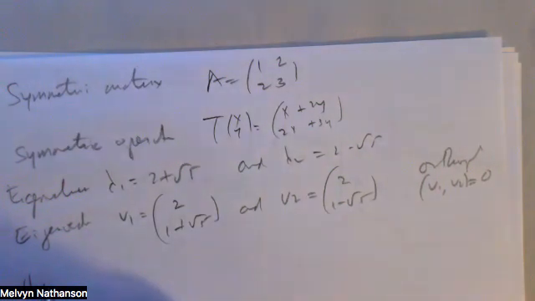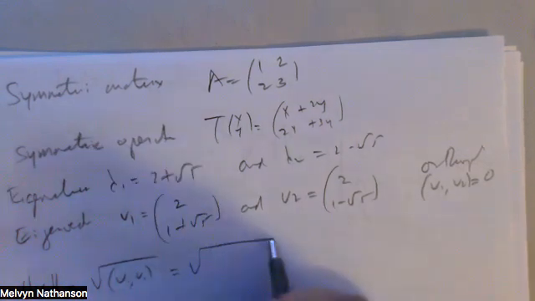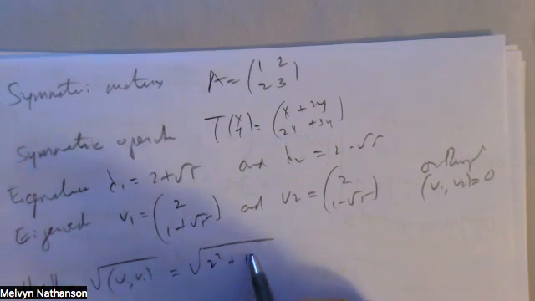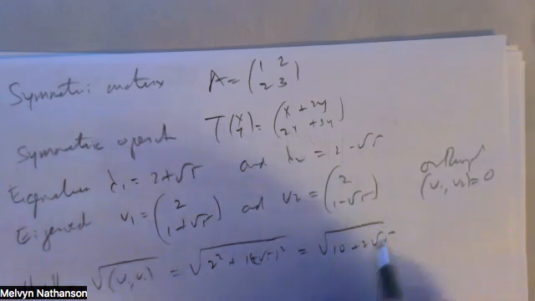But the length of v1 is the square root of the inner product of v1 with itself, which is the square root of 2 squared plus (1 plus root 5) squared, which is the square root of 4 plus 6, 10, plus 2 root 5.